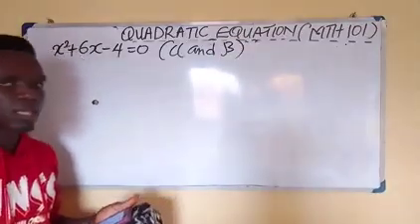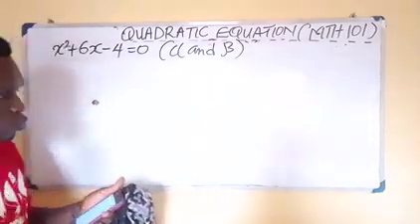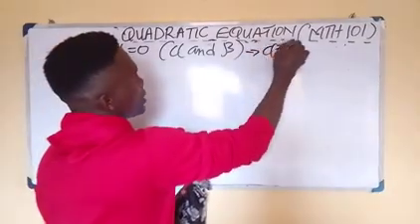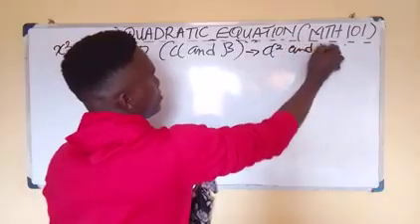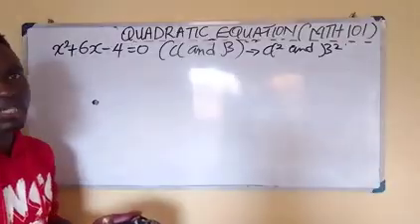Then I'm saying find a quadratic equation whose new roots are alpha squared and beta squared.